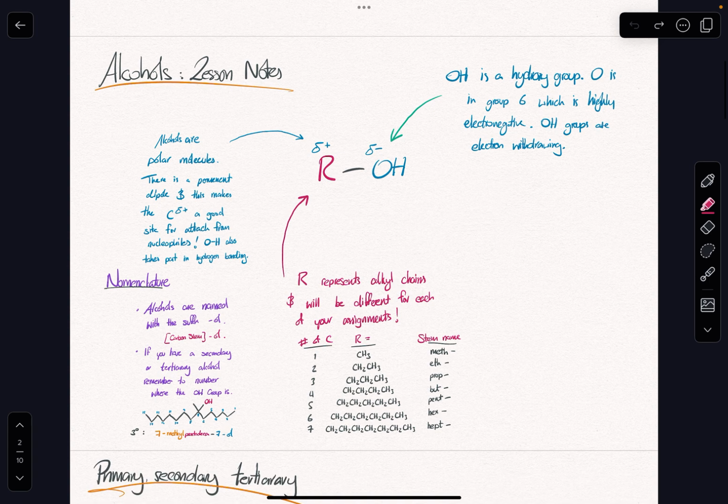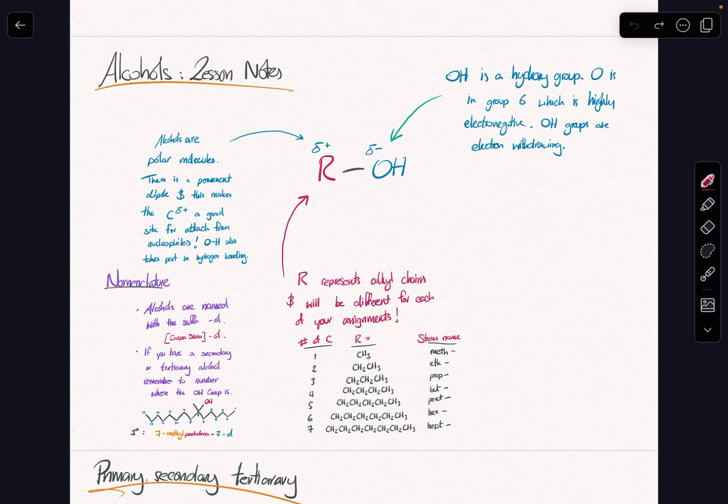And again, we've got a very similar page to last time where we know that the alkyl group, the carbon set, is going to be delta positive. This is because the oxygen is very electronegative, so it's going to be pulling those electrons towards it. And that means that this is going to be exposed to attack by nucleophiles.